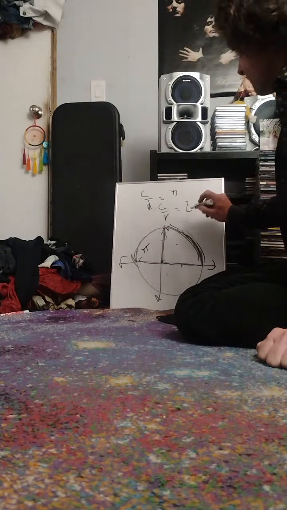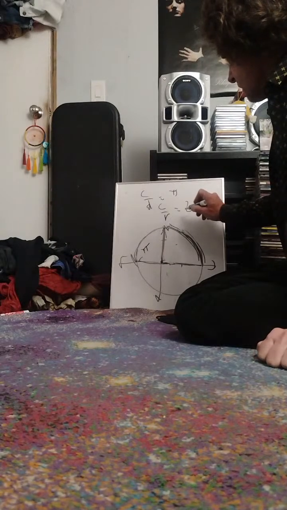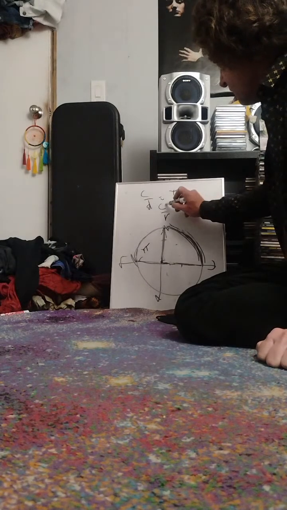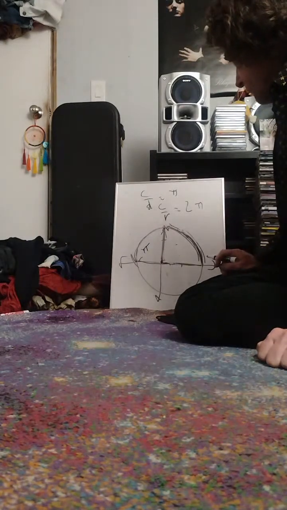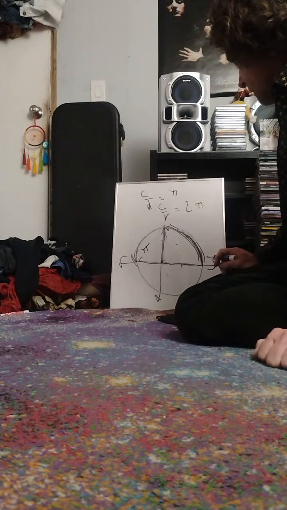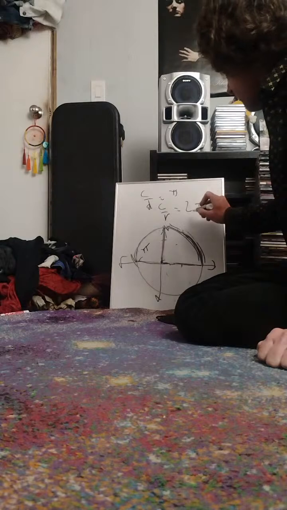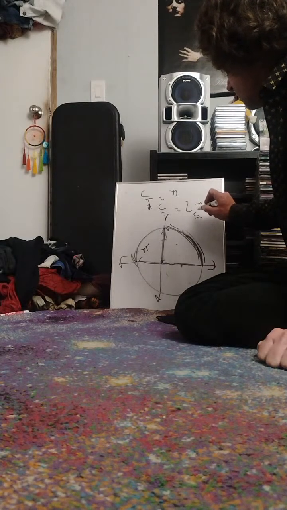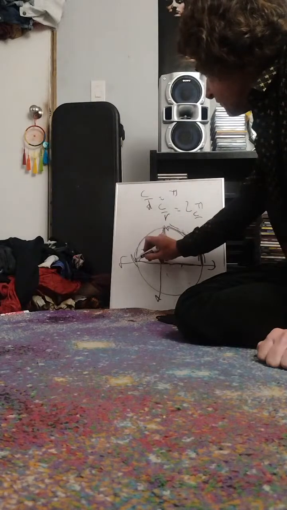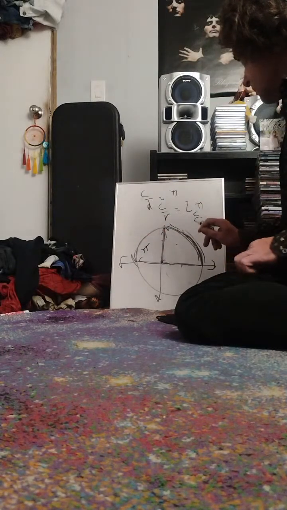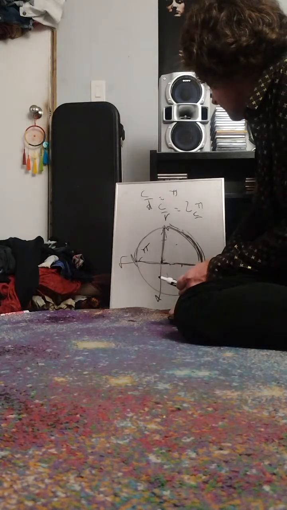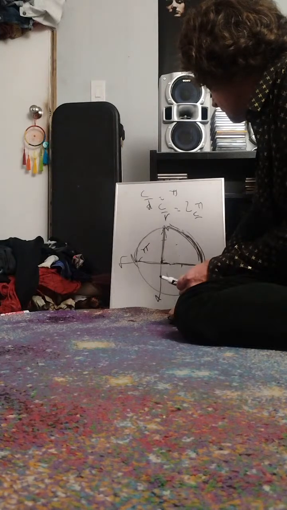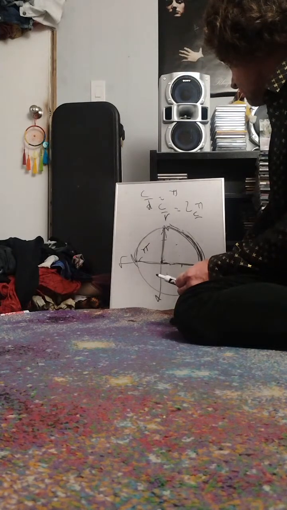Circumference over d is pi. Circumference over r is 2 pi.